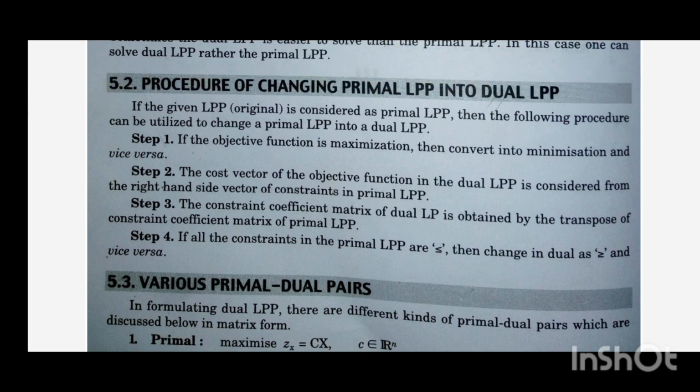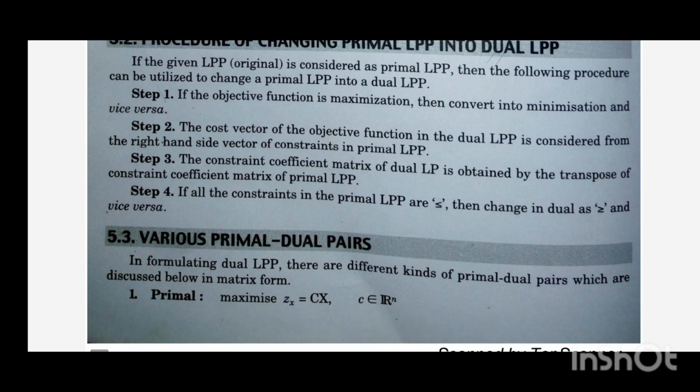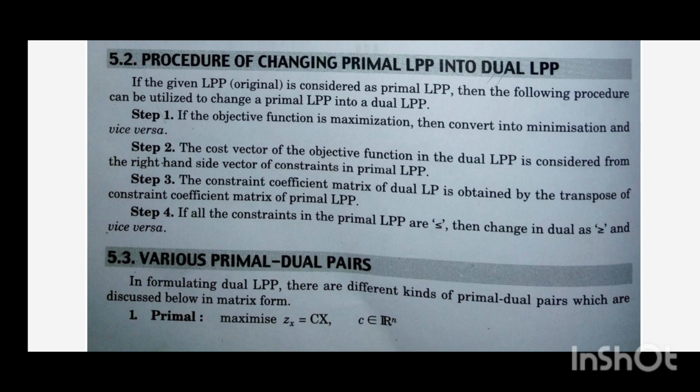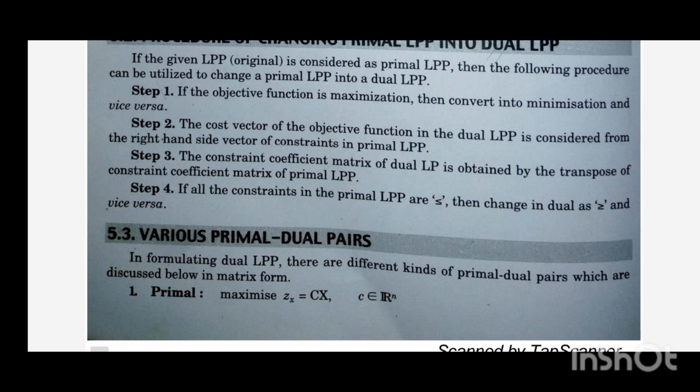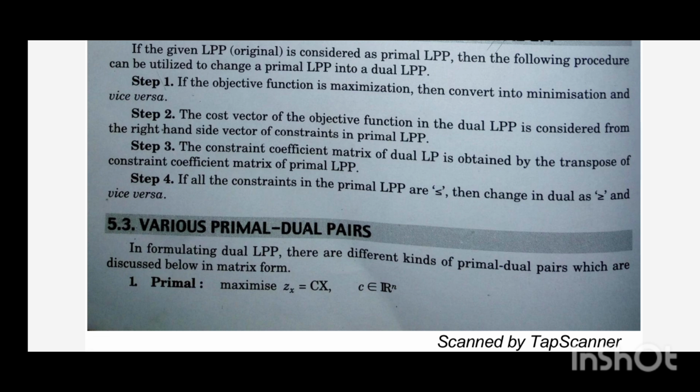If the objective function is maximization, then convert it into minimization, and vice versa. Step number 2. The cost vector of the objective function in the dual LPP is considered from the right hand side vector of constraints in the primal LPP.